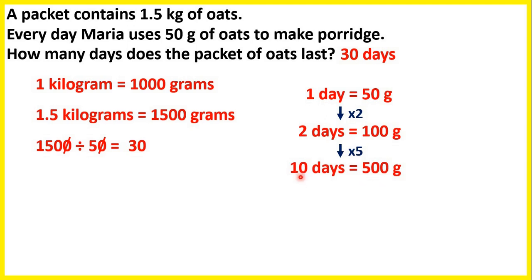So in 10 days she uses 500 grams, and 500 times 3 will take us to 1,500, so the total number of grams in the packet, and 10 times 3 is 30, so that means it takes her 30 days to use all 1,500 grams or 1.5 kilograms of oats.